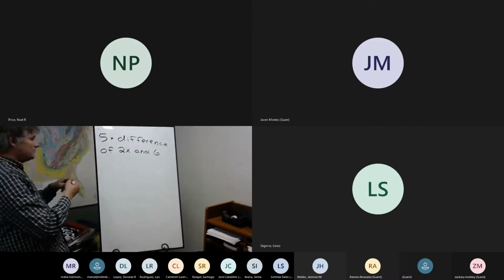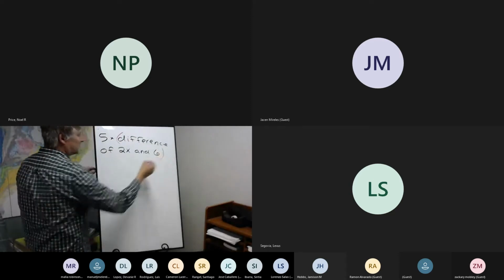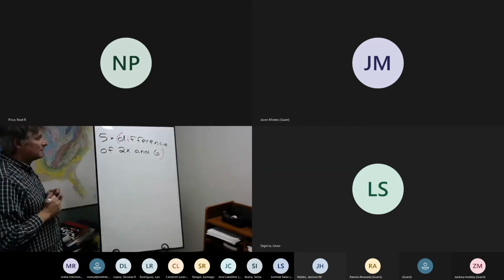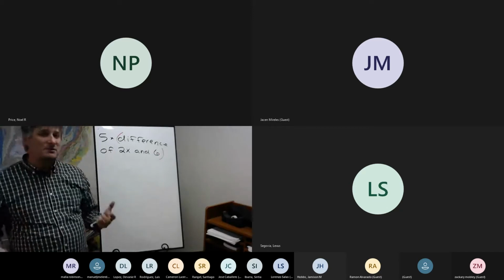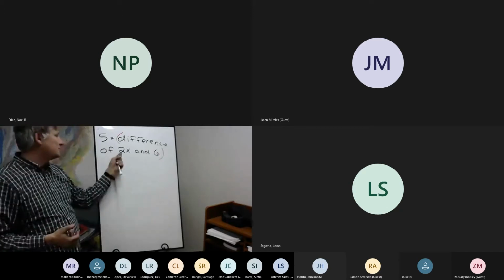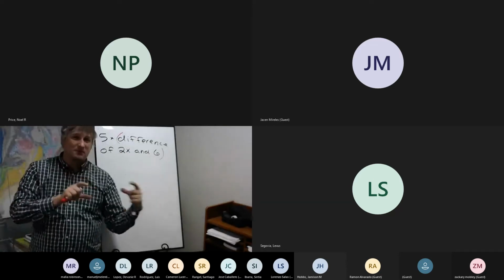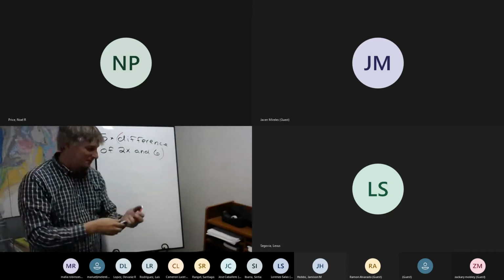Now, the difference of 2x and 6, I want to make sure we've got parentheses on that, because it's 5 times that difference. It's not going to be 5 times the 2x or the 6. It's times the difference of 2x and 6.